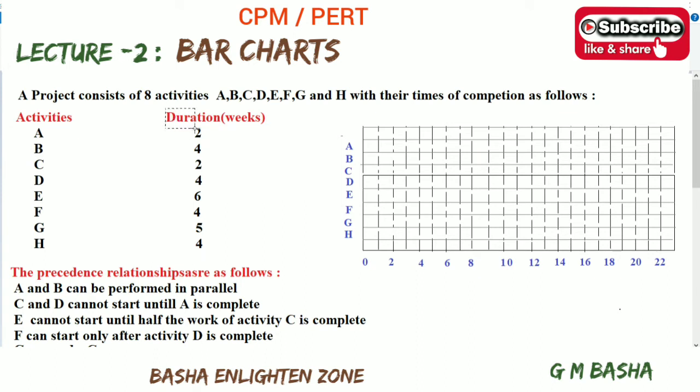Here, duration in weeks will be along the horizontal axis. I already explained each and everything in the last concept itself. So activities or jobs will be along the vertical axis, and duration or time in days or unit days. Okay, see here.